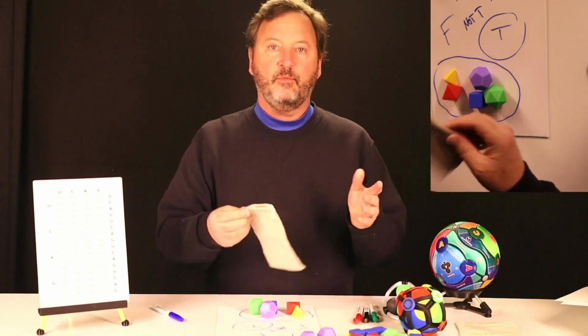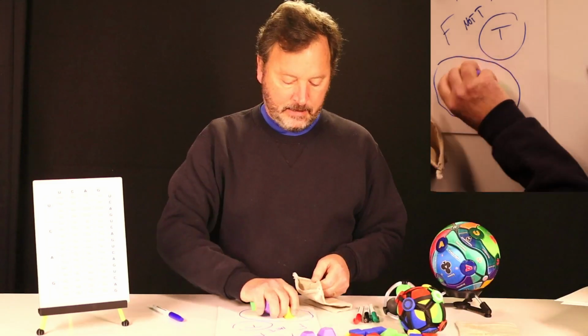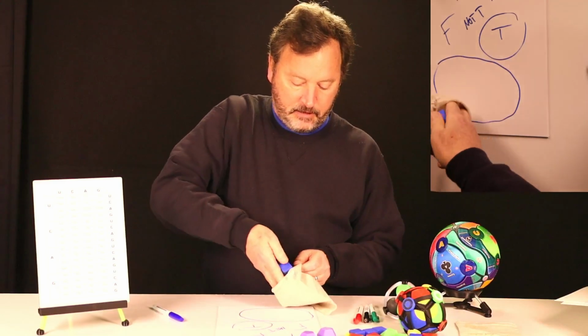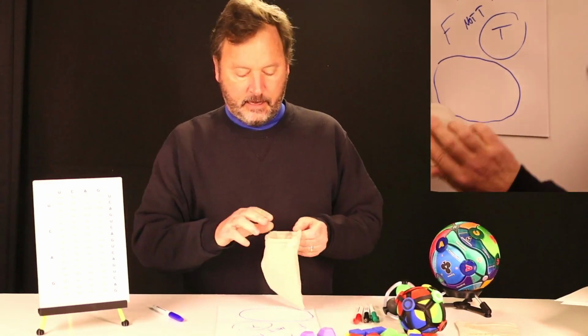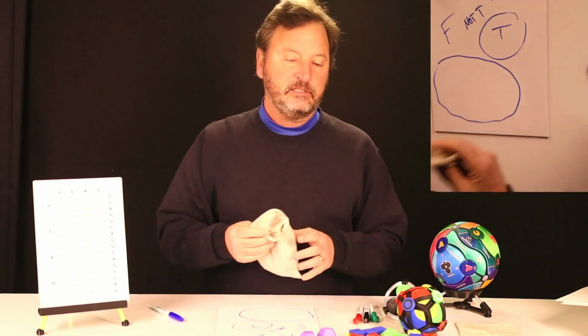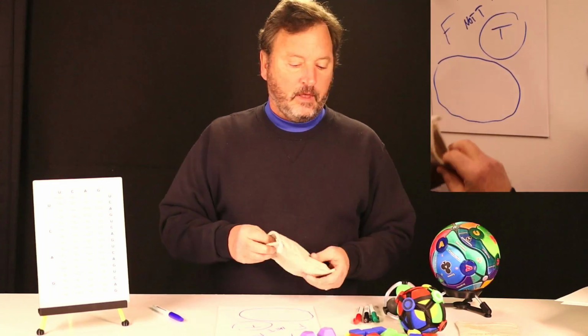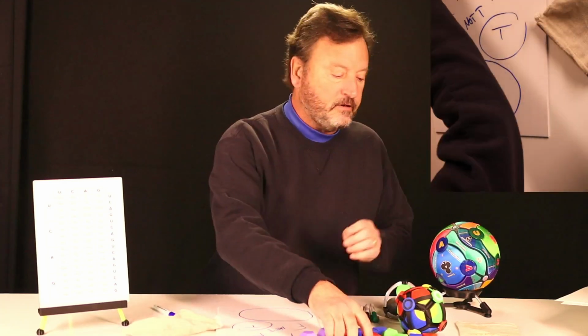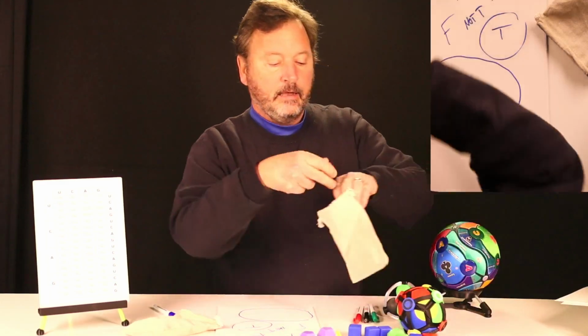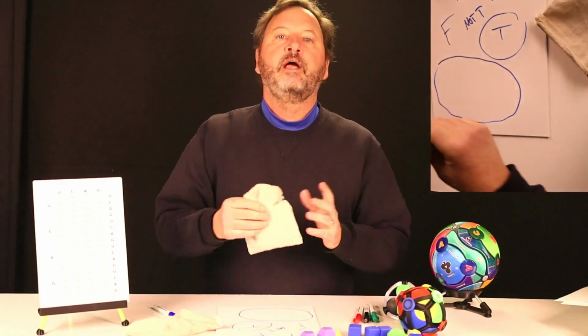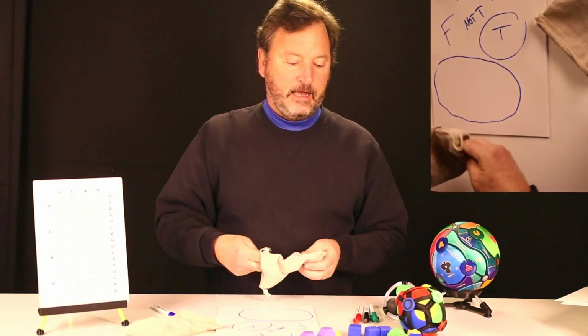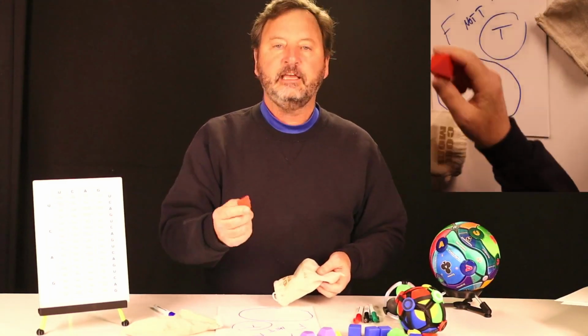For real things, I think more in terms of a bag. So a set is a bag that you can put something in, and you could say if it's in this bag, it's a perfect solid. If it's not in this bag, it's not a perfect solid. Now you can get clever and say I want to make a bag that has red perfect solids. And in this case, this is an octahedron.